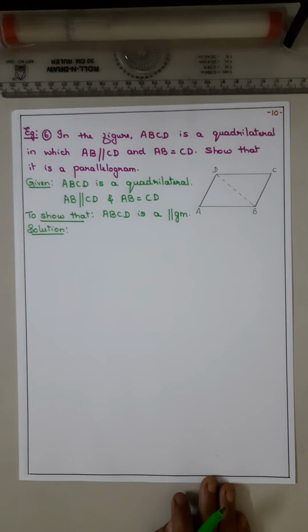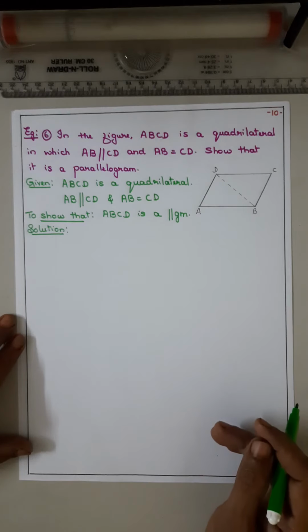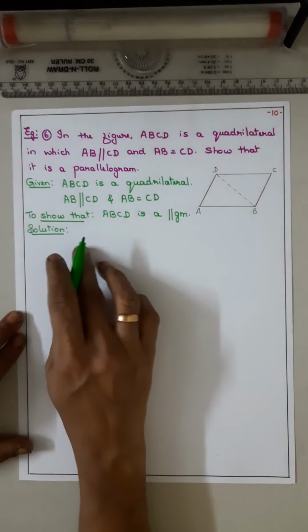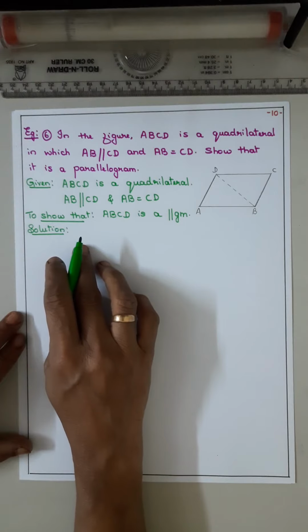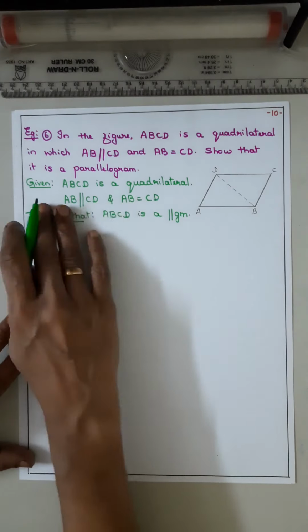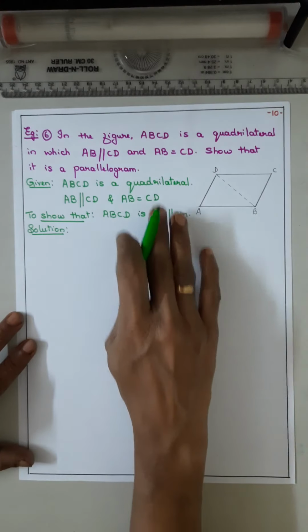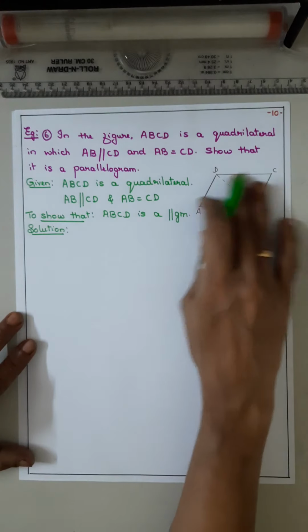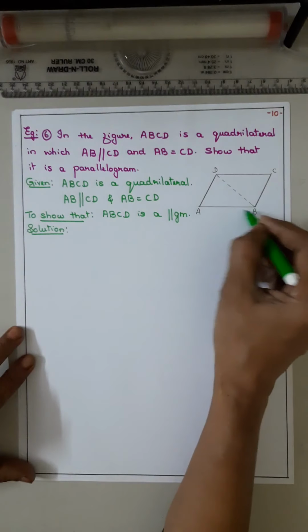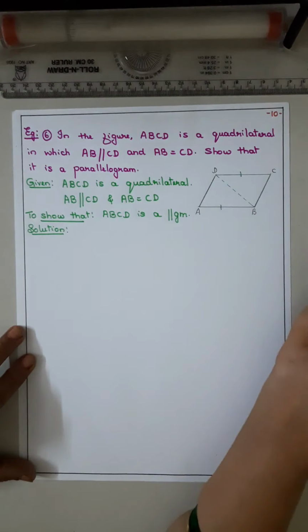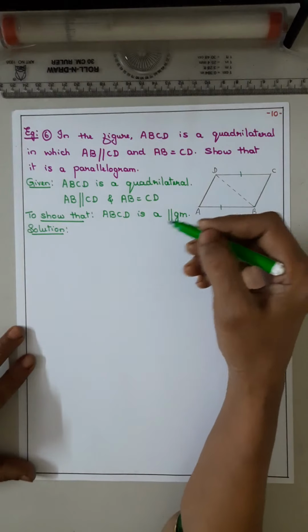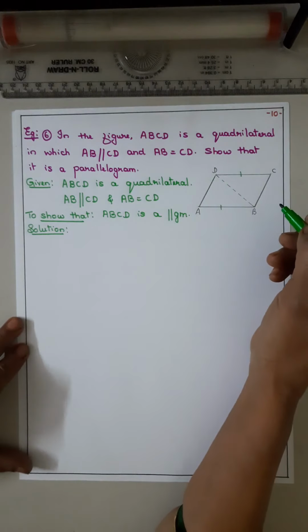But now they have given some hint, parallel and equal, and you have to show that it is a parallelogram.